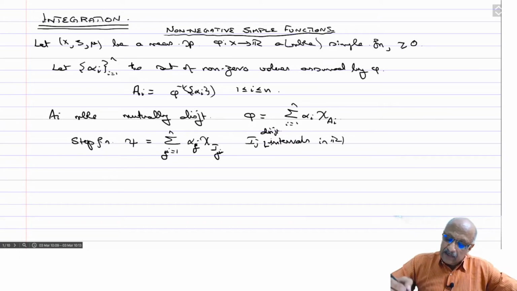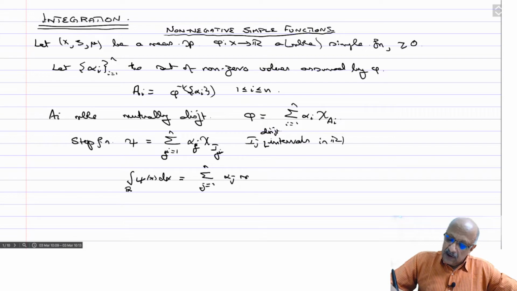The integral is nothing but the area under the curve. So the integral of psi(x) dx over R will be equal to the sum over j equals 1 to n of alpha_j times the measure of I_j.